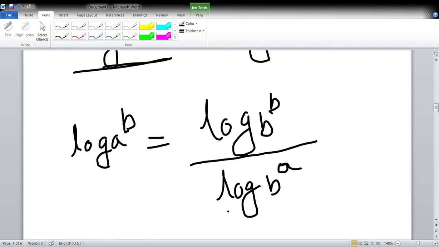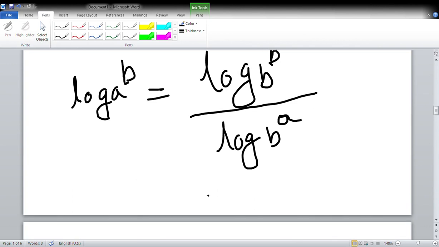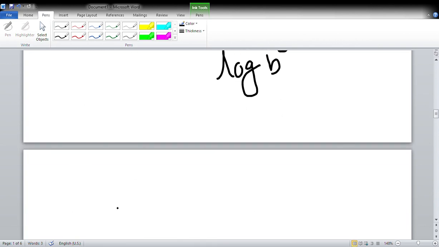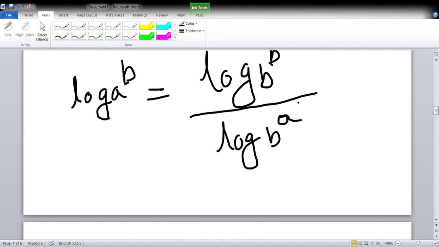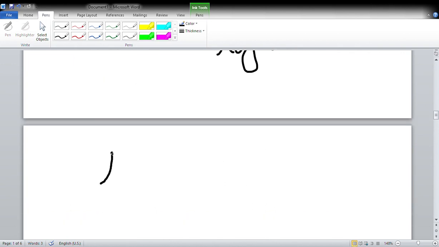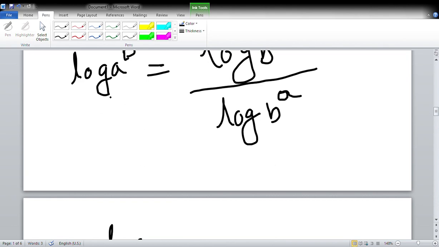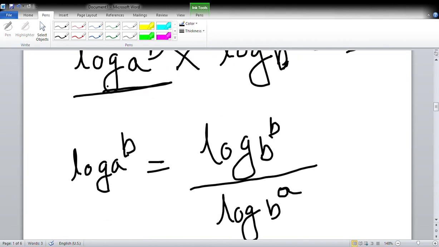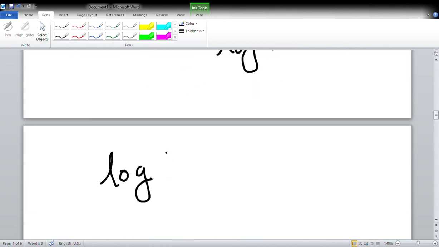So what is happening, if the base and the number are the same in any log, you can simply write log b with the base a, right?